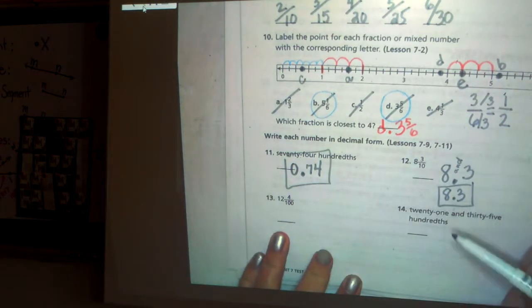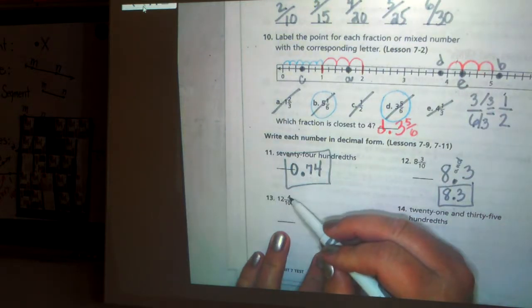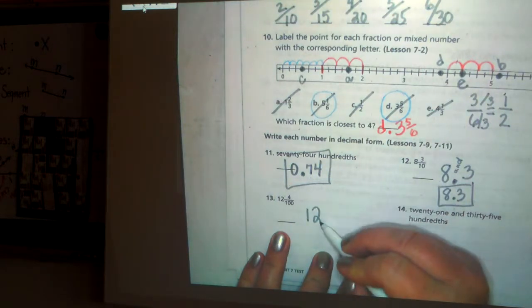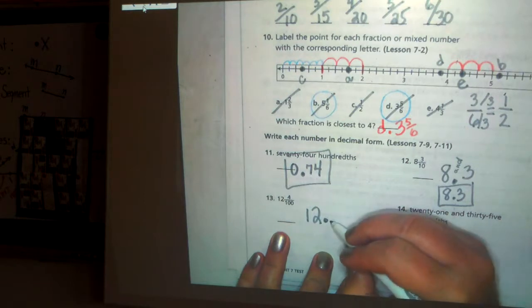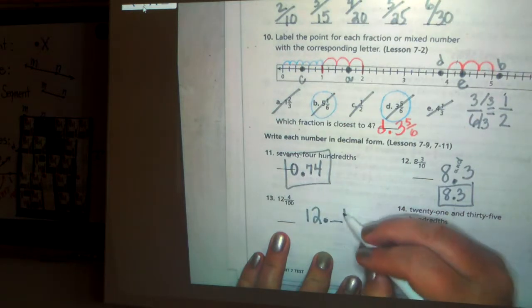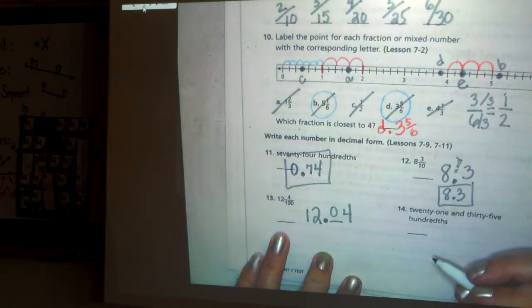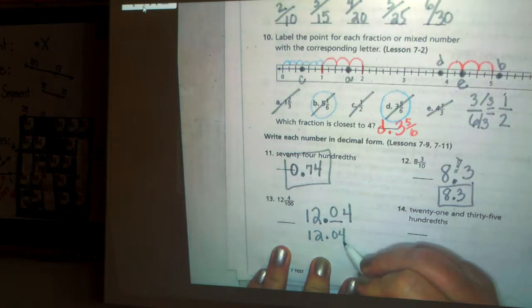13 is the trickiest of the three because you have 12 and 4 hundredths. The 12 is easy, the and is easy. We don't have any tenths, but we do have 4 hundredths. So that needs to be a 0. So 12 and 4 hundredths.